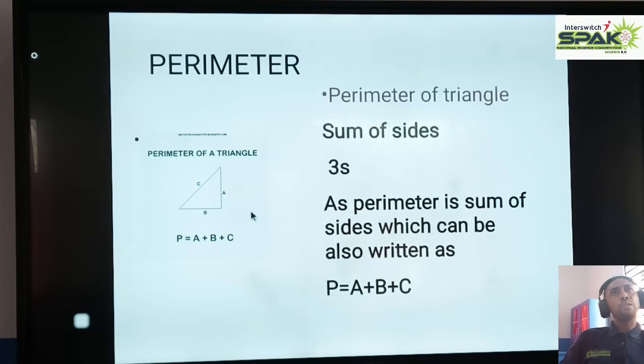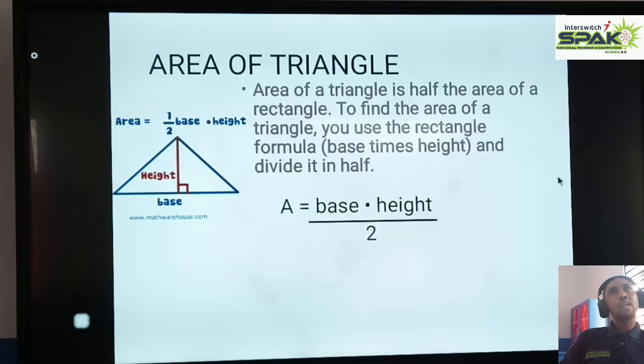So that means that the perimeter of that triangle will give us 3S. Can you see it here? This is the perimeter of an equilateral triangle. But if it's not equilateral, then the perimeter will give side A plus side B plus side C. So this is the perimeter of a triangle. Then we look at the area.